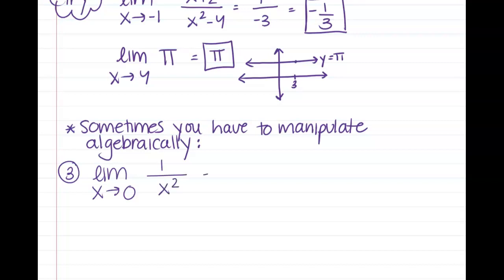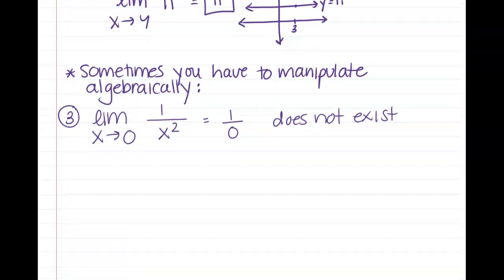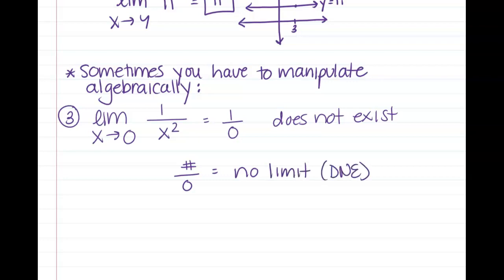Well, in this case, 1 over x squared is 1 over 0, so this does not exist. Okay, the limit does not exist because you really can't divide by 0. That's still true. So anytime you have the limit of a number over 0, there's no limit, or it does not exist, or DNE.